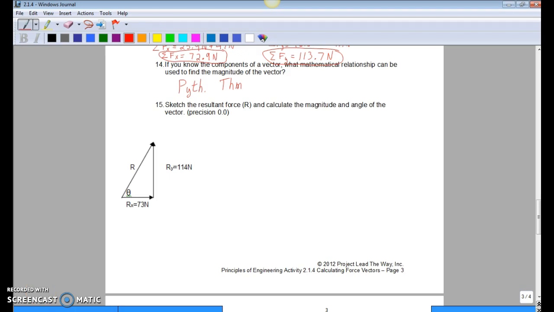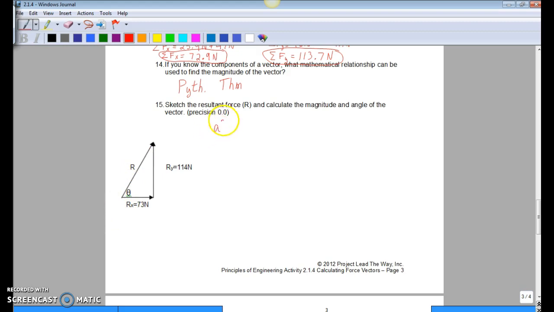So, sketching the resultant force, this is the opposite of everything we've done to this point, which is instead of being given the magnitude of the resultant force and finding x and y, here we're being given the x and the y, so we need to use Pythagorean's theorem to solve for the actual resultant force rather than the components.